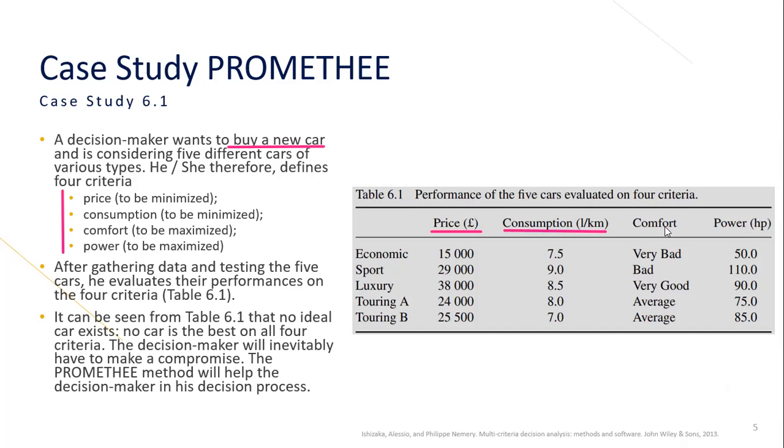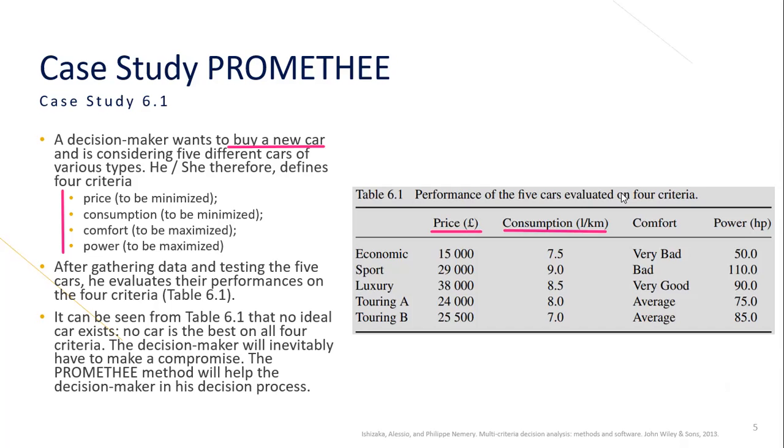So let's say 10 kilometer per liter is better than 7.5 kilometer per liter. Wait, is it correct? No. For this one, the assumption is not like that. This one, the minimize the better.